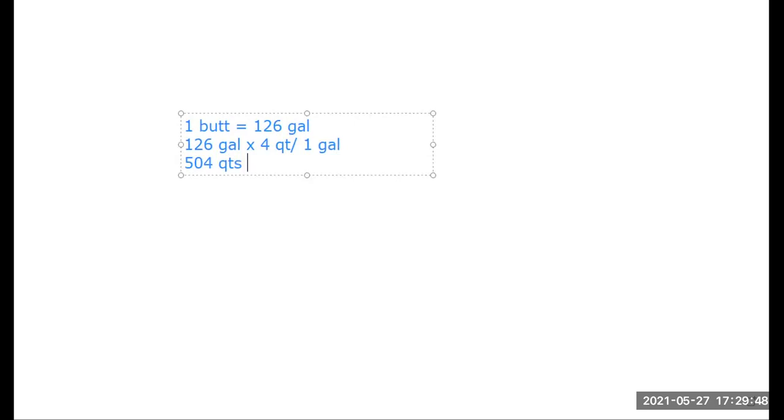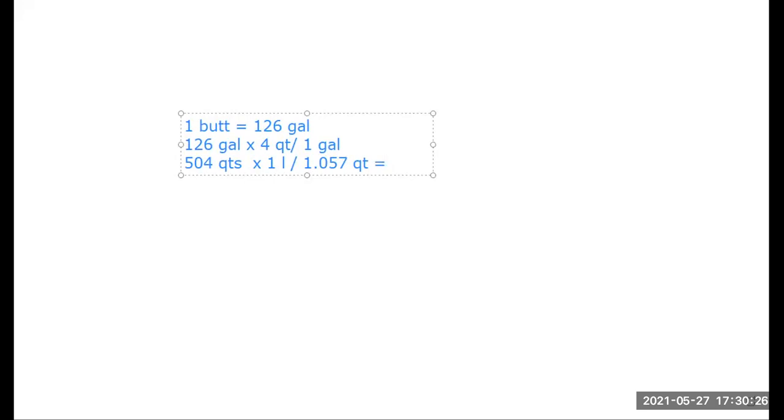Okay, but now I need another conversion factor because it says find out what the answer is in liters. So back to my appendix here for the equivalence between a quart and a liter. And so we have 1 liter is 1.057 quarts. So this has 2 different conversion units that are sort of linked together here.